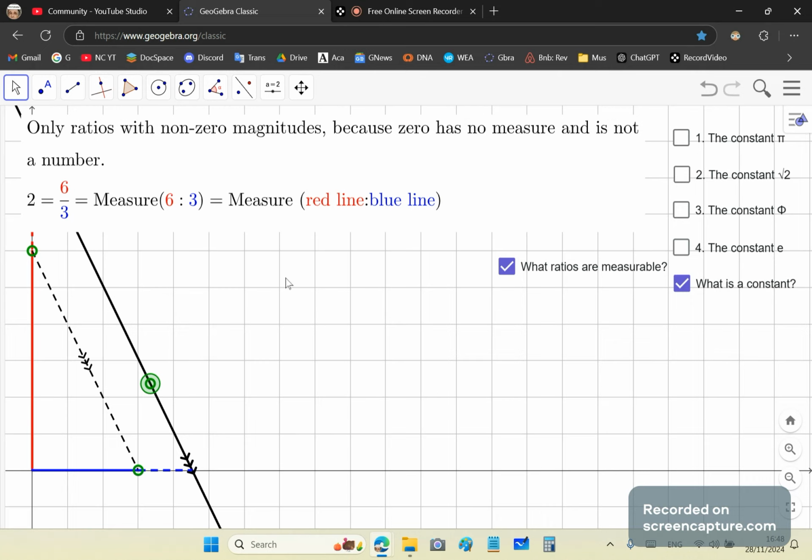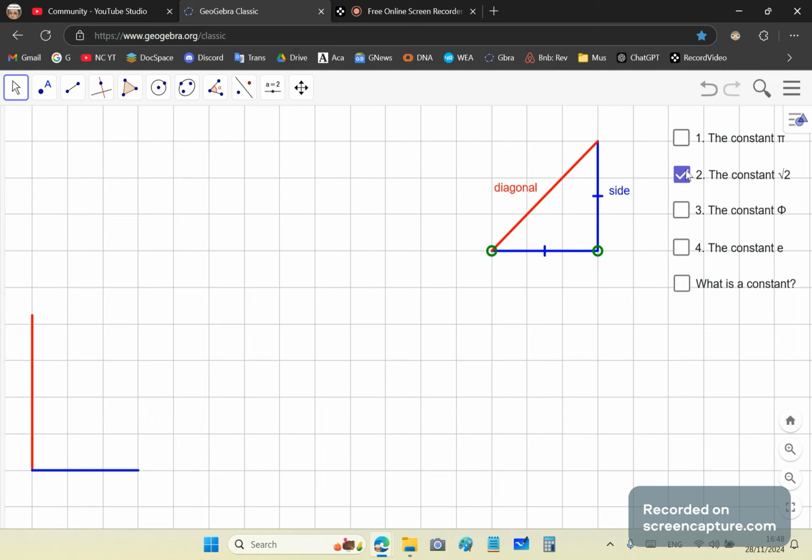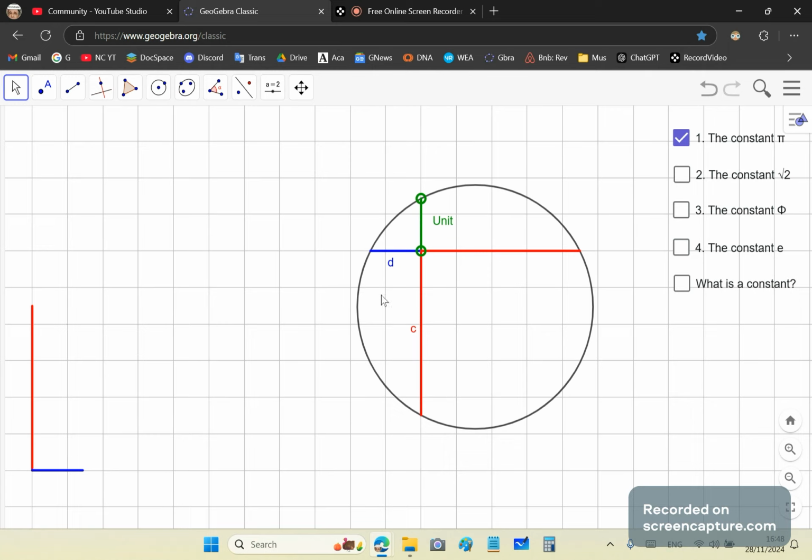So this is why we know that all these ratios, E, phi, square root 2, or diagonal, and pi have a constant measure, because we can take any other parallel line and those ratios, if measured, will have the same number, the same constant number. And that's what it means to be a constant.